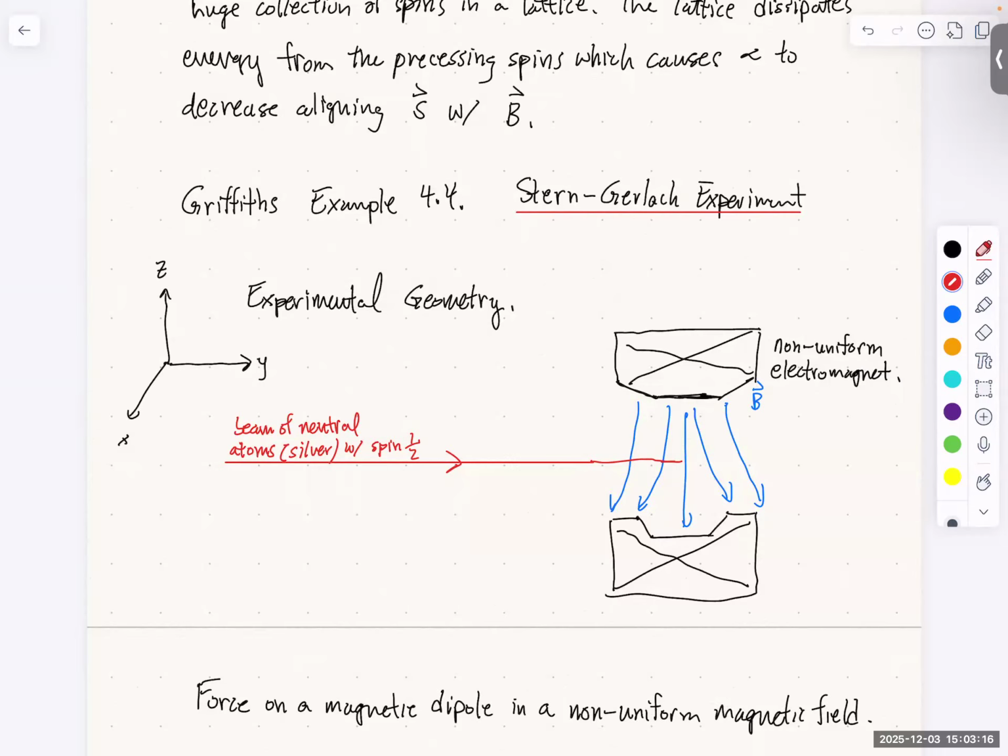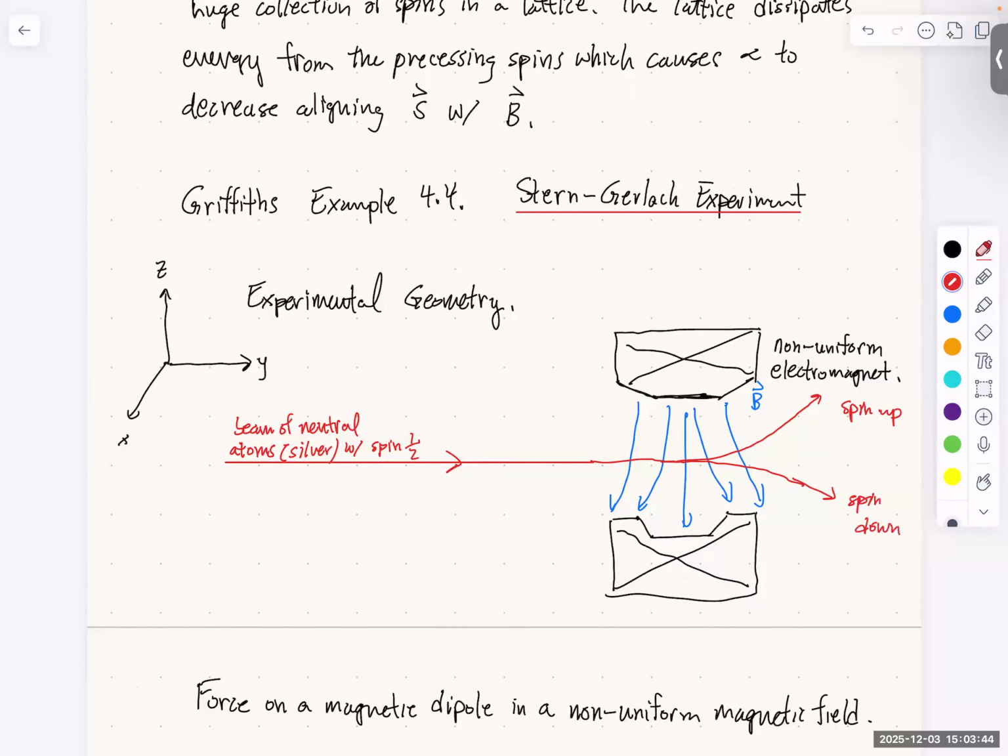The components in the XY plane average away, and we have only a Z component of that force. If you're a spin up particle, maybe you're deflected in one direction, and if you're a spin down particle, you're deflected in another direction. So this could be spin up, and this could be spin down.